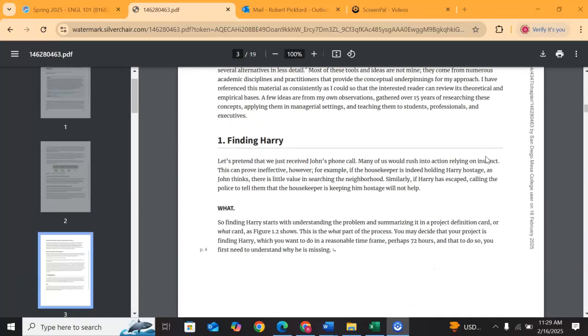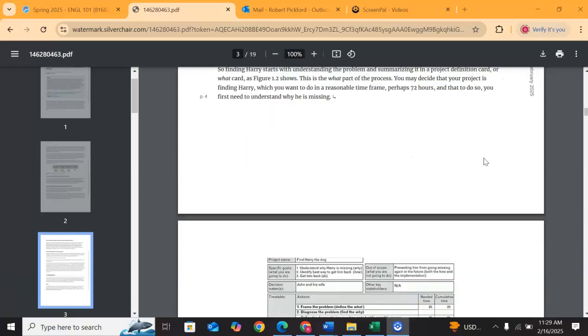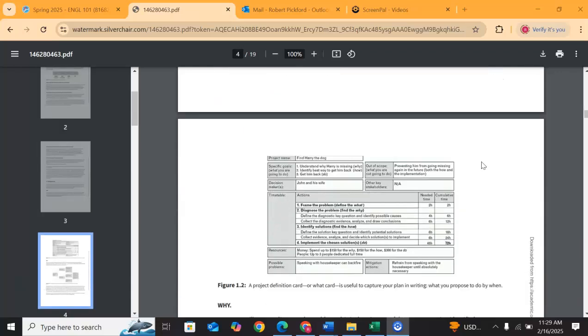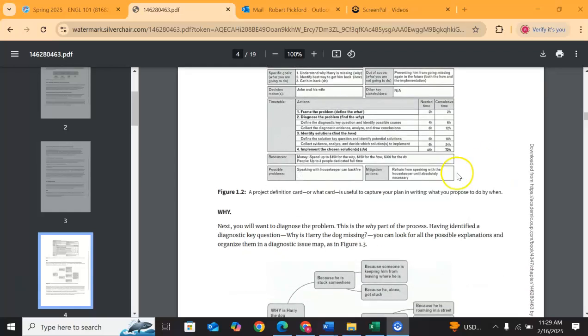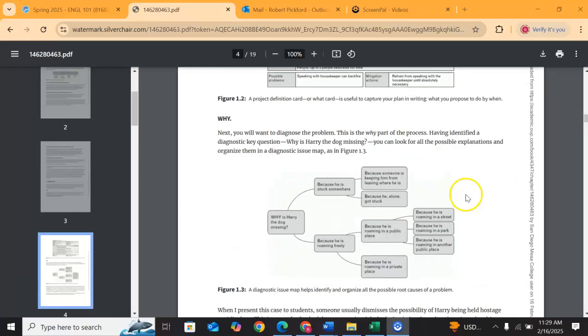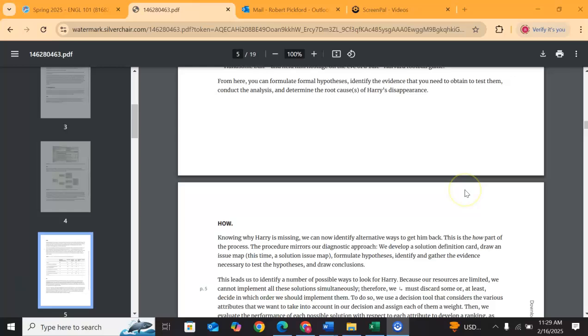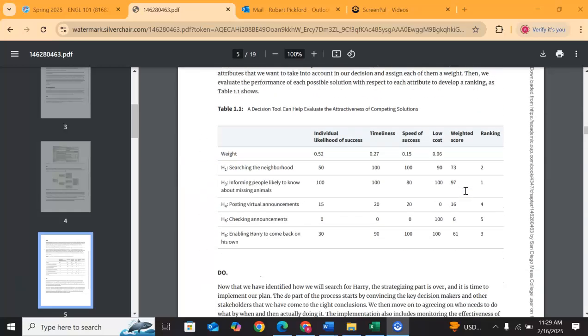Read through it carefully. There's Harry the dog again. And he does go into a little more details with the table you see here than the one you saw in chapter 9. So give it a careful look.